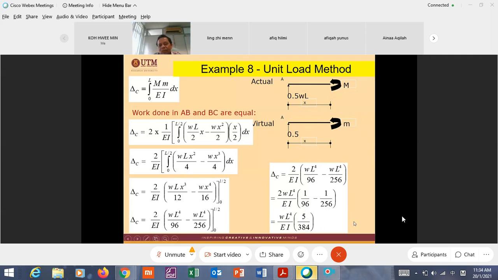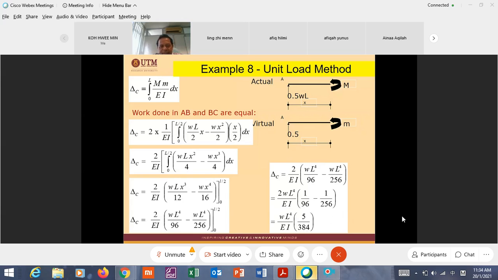I think I have shown you the Macaulay method and double integration method for this UDL. I also remind you that this formula is very important: the basic formula for deflection of UDL, 5 over 384.